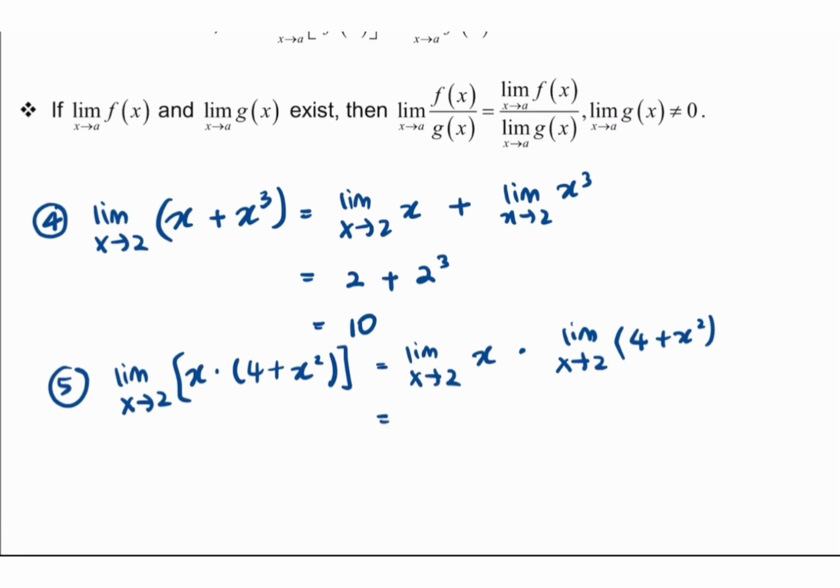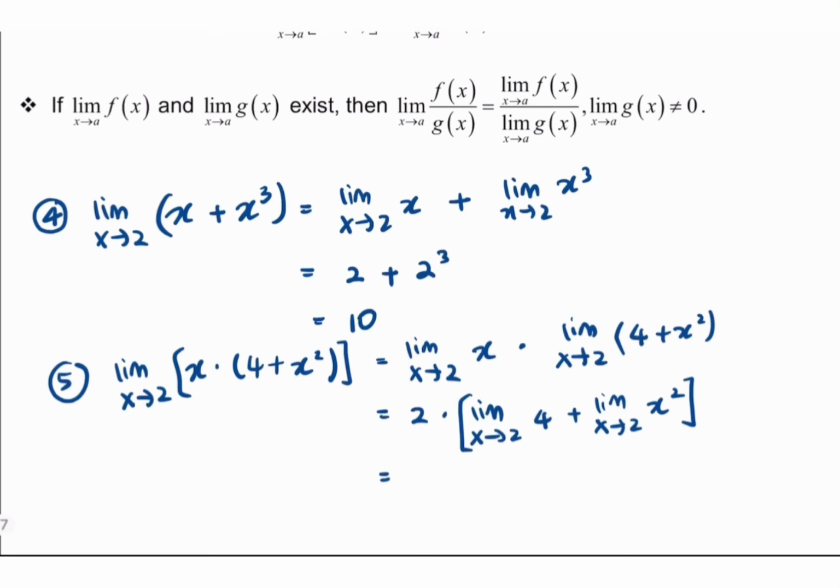Okay, then kita substitutekan nilai. So sini akan jadi 2 times. Okay, for this part ini adalah tambah. Okay, jadi kita boleh pecahkan dia macam ini. So dia akan jadi limit x approaching to 2 of 4 plus limit when x approaching to 2 of x squared. Okay, then kita simplify.